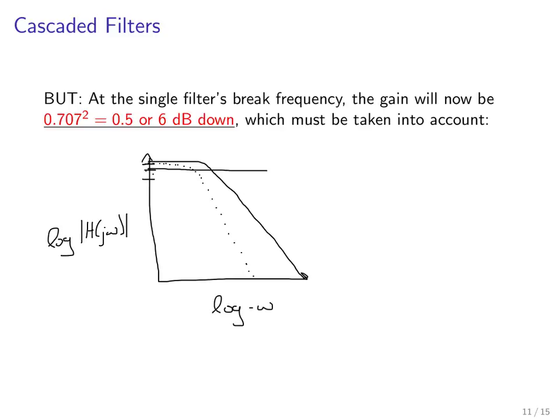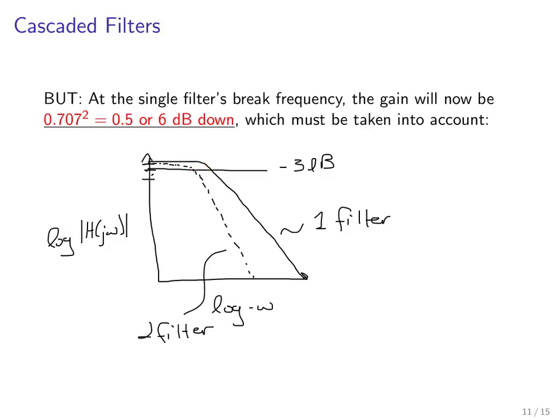So here is the one filter, and here is the two-filter response, and you can see here that if this is the minus 3 dB point, it happens at a lower frequency for the two filters than it does for the one filter.